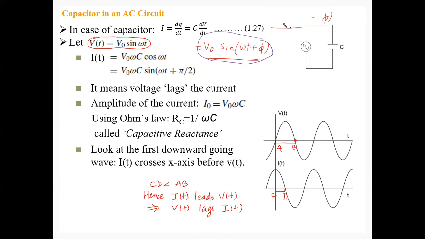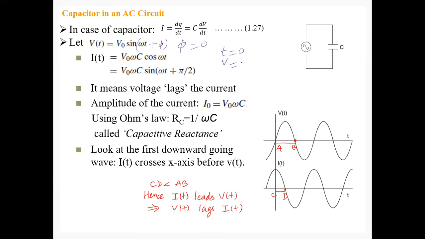So in this case now, I started with sine, okay? But I consider my phi equals 0. This phi, remember I used to have phi? This phi equals 0. What does that mean? Phi equals 0 means at time t equals 0, the voltage is 0. That's the meaning of phi equals 0.